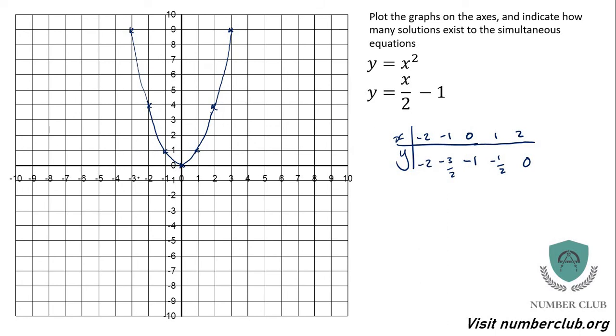All right, so we've got negative 2, negative 2, negative 1, negative 1 and a half, 0, negative 1, 1, negative a half, and 2, 0. And so this will be the line. Okay? How many solutions exist to those simultaneous equations? 0.